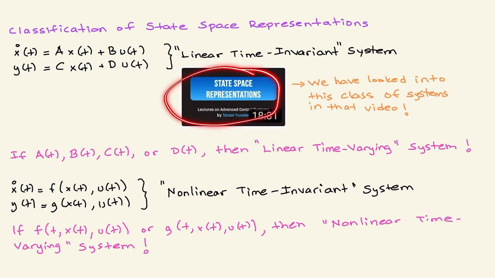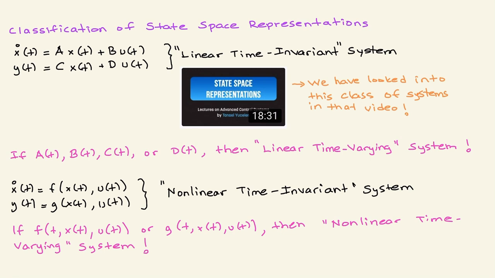That video has 3 examples at the end, all resulting in this form with or without this Du term. Now, I would like to mention that, of course, your system state, system output and control input will depend on time. You inject some control input as a function of time into your system, and as a result, your state and your output will be time varying.